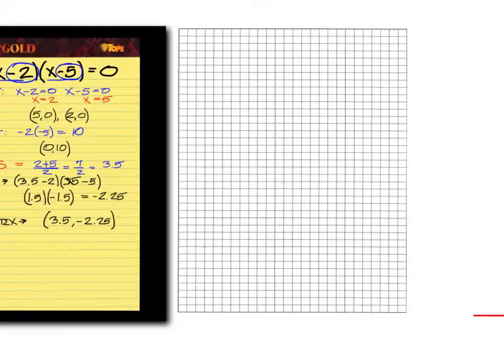I didn't want to put that there, so we'll go back here. And the y-axis, we'll just put it right here and move it over. And then for the x-axis, we have to go down negative 2.25. So let's put the x-axis right about there.